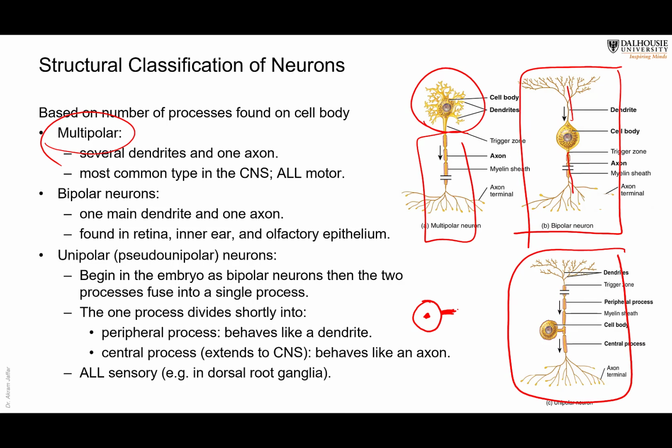Immediately, it will divide in a capital T shape, okay, into one process which will go peripherally, so it will act like a dendrite, and the other goes centrally. So that's why these cells are called pseudo-unipolar. They are unipolar, but not actually unipolar. The unipolar part is just probably a few micrometers, and then it divides. So they are called pseudo-unipolar neurons.